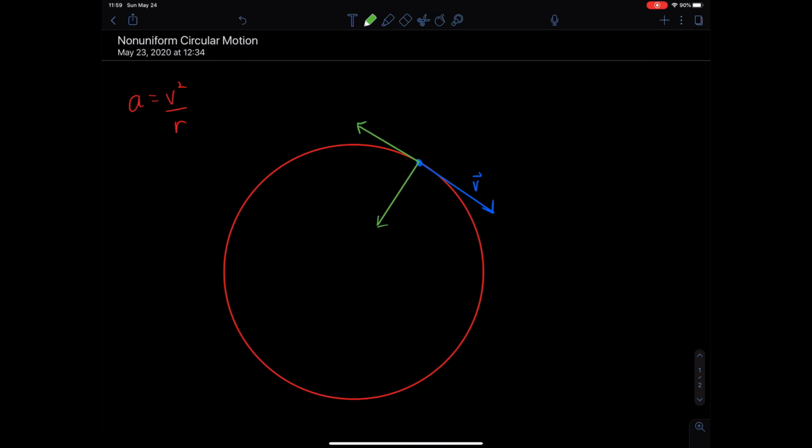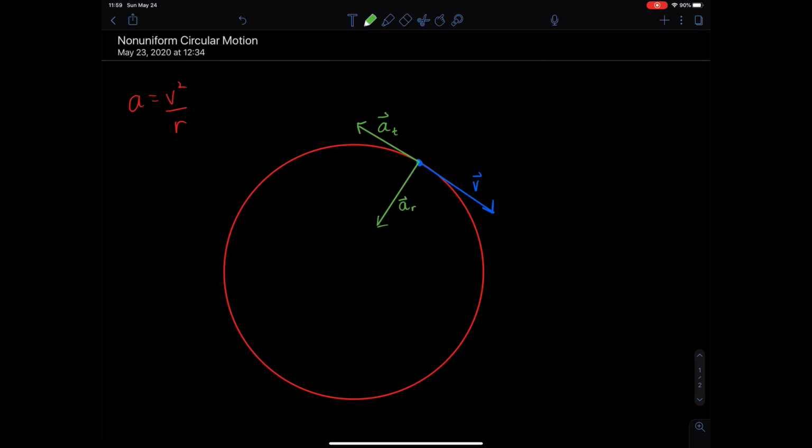This piece that's responsible for changing the magnitude of our velocity is called the tangential component of acceleration. The tangential component of acceleration. And this piece that's responsible for changing the direction of our velocity is called the radial component of acceleration, because that is still pointing in the direction of the radius.